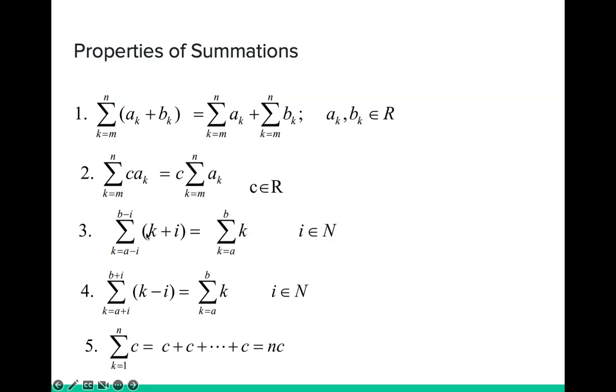So if you see a summation of this form, you can simplify it using this property. What if we have the summation of k equals 1 to n of c? The expanded form of this will be c plus c until the nth position, so this is equivalent to n times c.